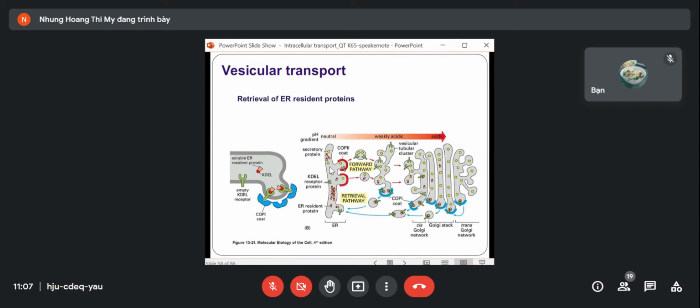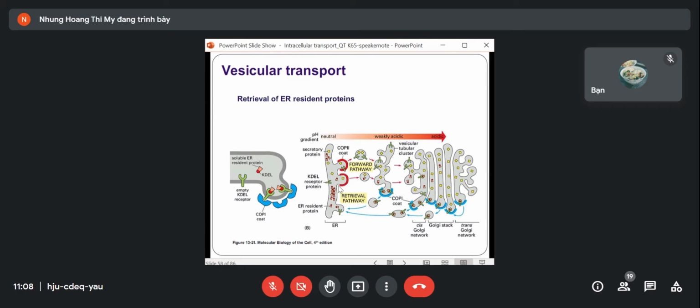So this soluble protein is concentrated on one part of the ER membrane facing the Golgi apparatus and triggers the formation of the vesicle here. And in this part of the ER membrane, the KDEL receptor is also located.